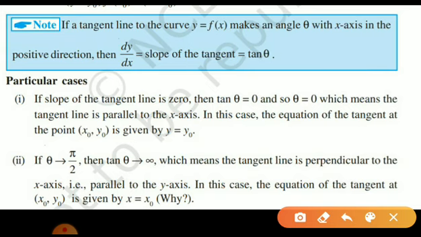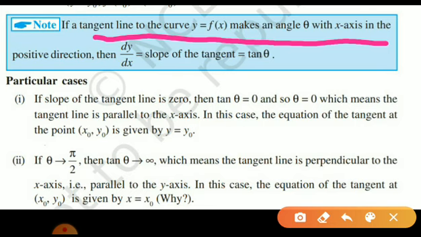Now see here, if a tangent line to the curve y equal to f of x makes an angle theta with the x-axis in the positive direction, then dy by dx, the slope of the tangent, is equal to tan theta. That is what we have already said. Then see the remarks. If the slope of the tangent line is 0, that means the angle made by the line is 0, so tan theta is 0.